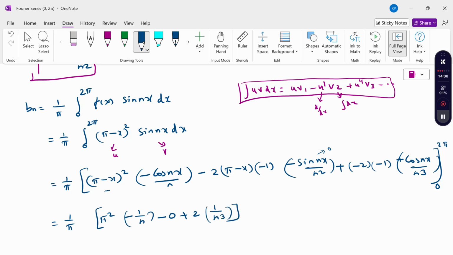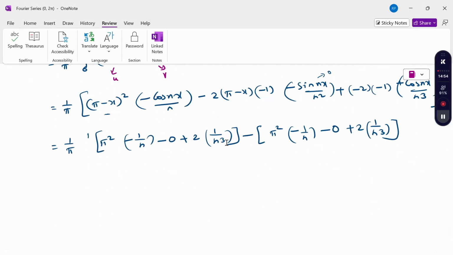This is the upper limit minus the lower limit. So this is pi minus 0 square, pi square minus 1 by n, because cos 0 is 1, and this whole term sin 0 is 0, for here plus 2 cos 0, 1 by n cube.